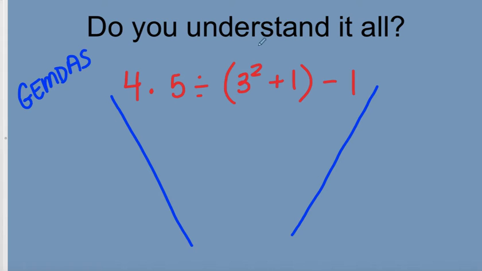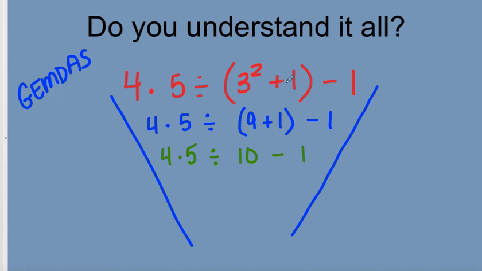Within my grouping symbols, I have exponents that I have to do first. So I have 4 times 5 divided by 9 plus 1, minus 1. All right, I'm still within those parentheses, so I'm going to do 4 times 5 divided by 9 plus 1 is 10. Now I can get rid of the parentheses, minus 1.